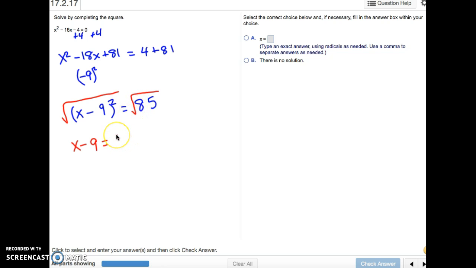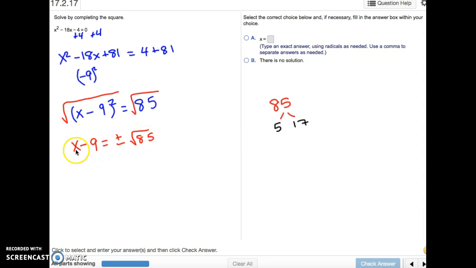I have plus or minus, and I need to break down 85, which is 5 and 17. And 5's prime, 17's prime, so they don't have any common factors. I don't have any pairs. So this is just going to stay the square root of 85.